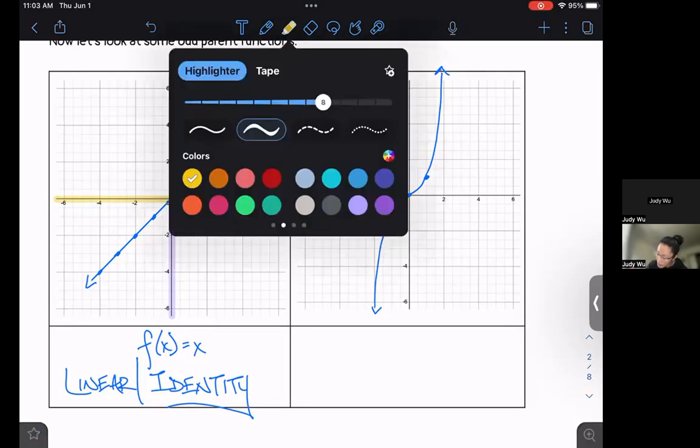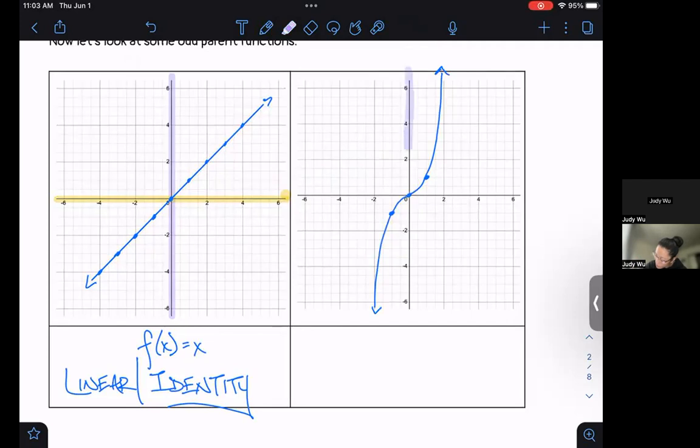If we flip over the y-axis and then over the x-axis, this point goes to here and then ultimately lands down here. Again, two reflections. This one is our f of x equals x cubed, and we call this the cubing function.